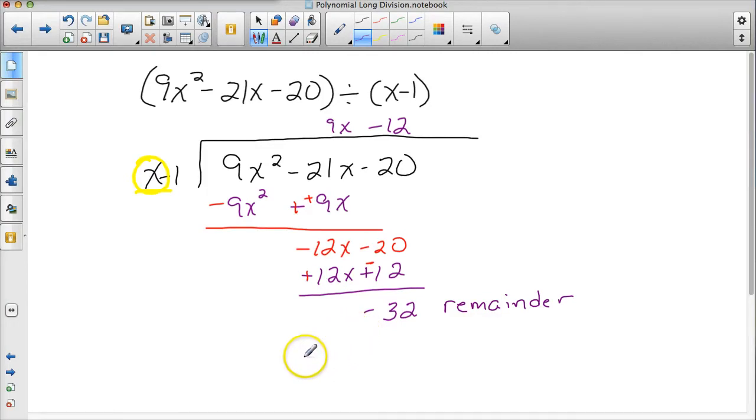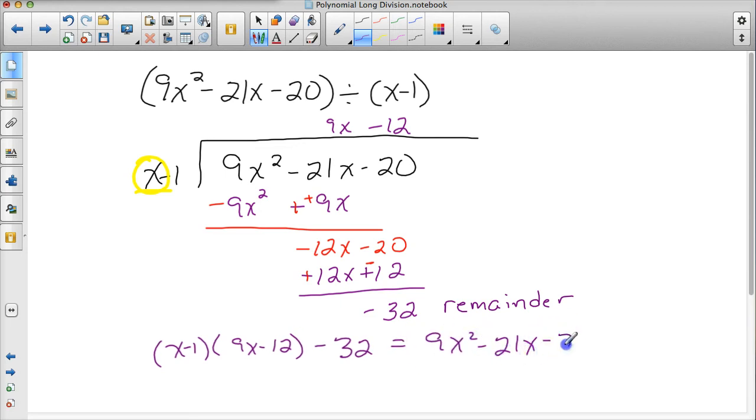However, I can still check my work because I can multiply x minus 1 times 9x minus 12 and then subtract 32 from that. This is what 9x squared minus 21x minus 20 equals, and we'll try it.